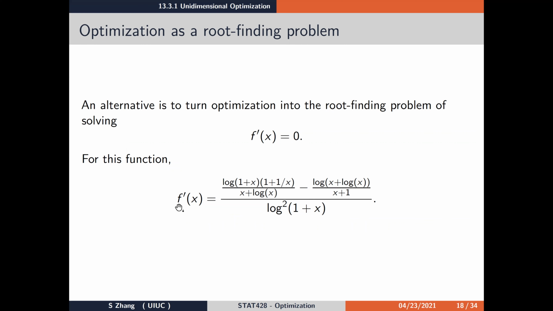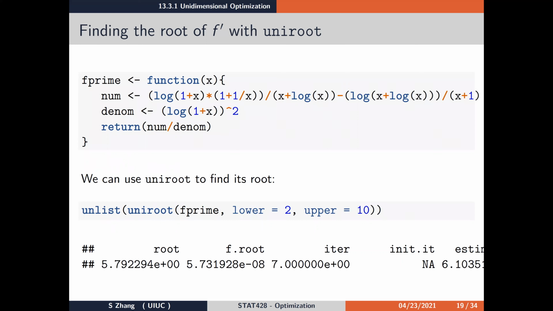For this function, f prime of x is equal to this expression over here. Based on this, we can create a function called f prime, which takes value x and outputs this fraction. And then we can use other methods that we have learned to find its root.